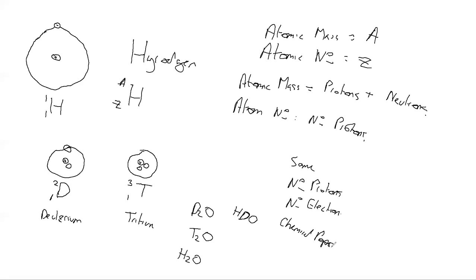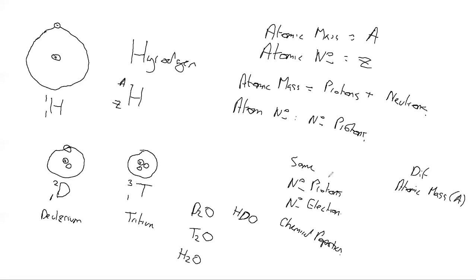Don't forget this is being recorded if you're trying to scribble this down. And what is different, well, obviously the atomic mass is going to be different because we're changing it, aren't we? The atomic mass A is going to be different.